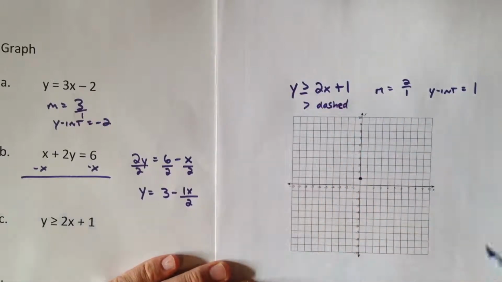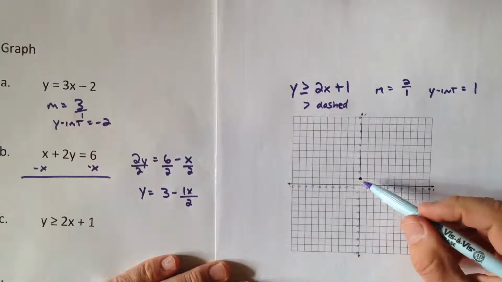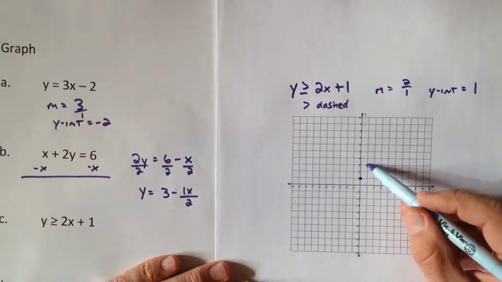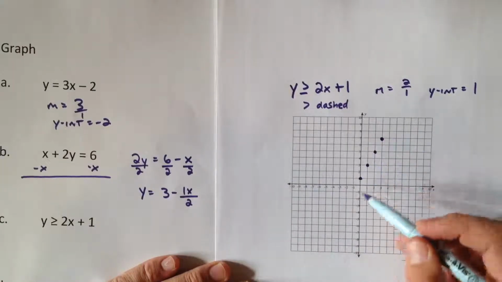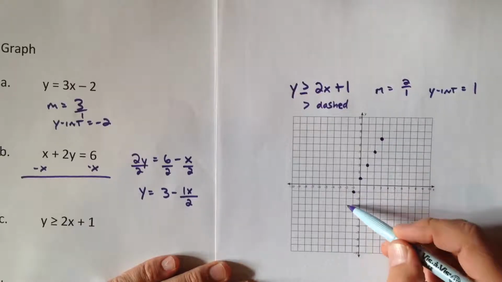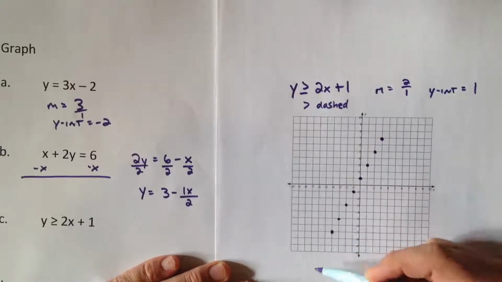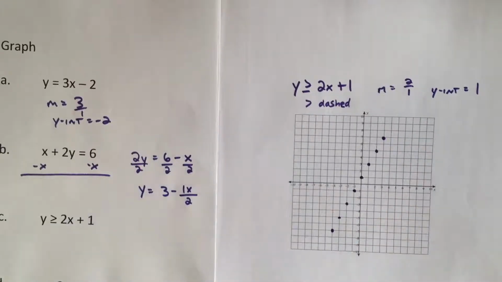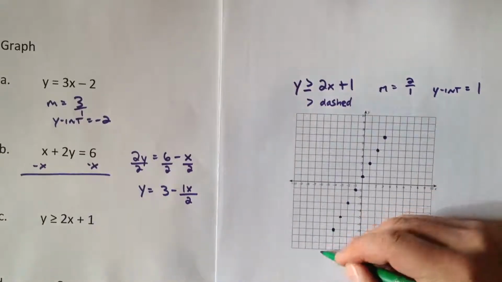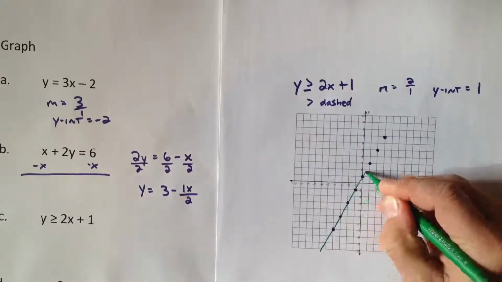We just had a review of that anyways, but this crosses at 1, it goes up 2 and over 1. Remember, it's increasing, so make sure this thing is going up from left to right. Alright, so it's going to be a solid line.